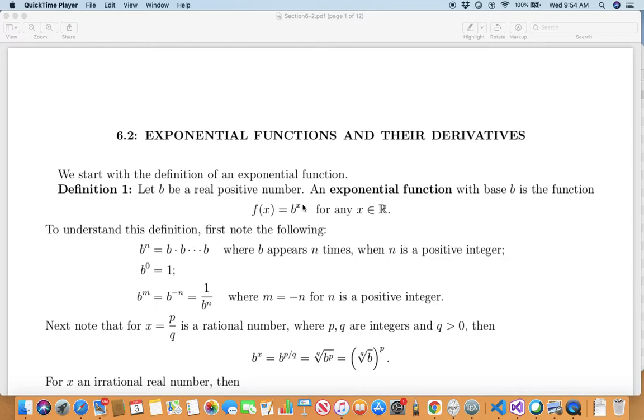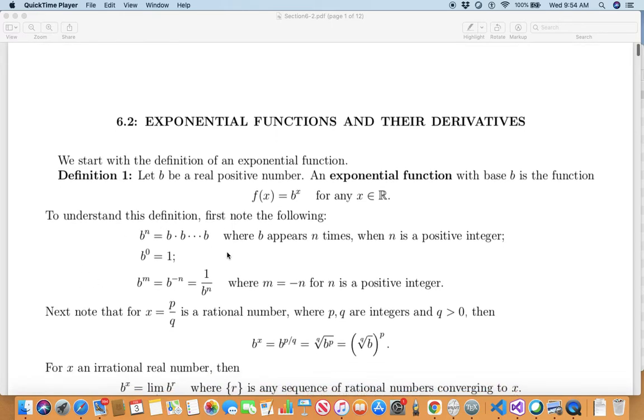What's the meaning of power 1 over 2? It means square root. So the square root of a negative number will land you in the complex case. To keep things real, you let your base b be a real positive number, and this is your exponential function with base b.